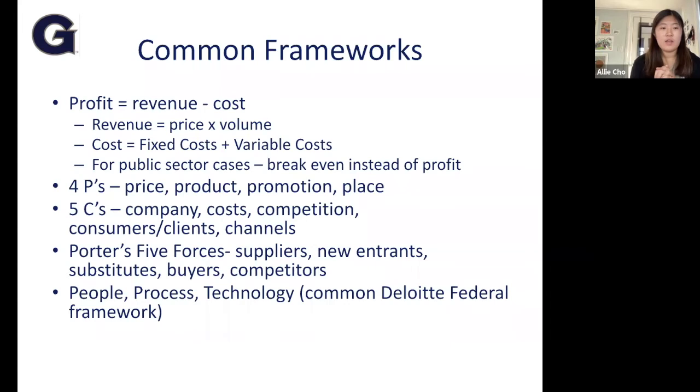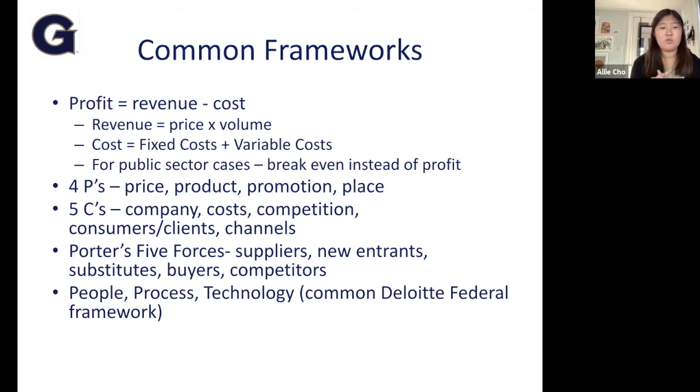And then we have these other two, the 4 Ps and the 5 Cs. Those are just catchy terms for looking at different components of a problem, whether it's price, product, promotion, place, or company, cost, competition, consumers or clients, and channels, and analyzing which of those factors contributes to the problem the most and how you might want to resolve them.